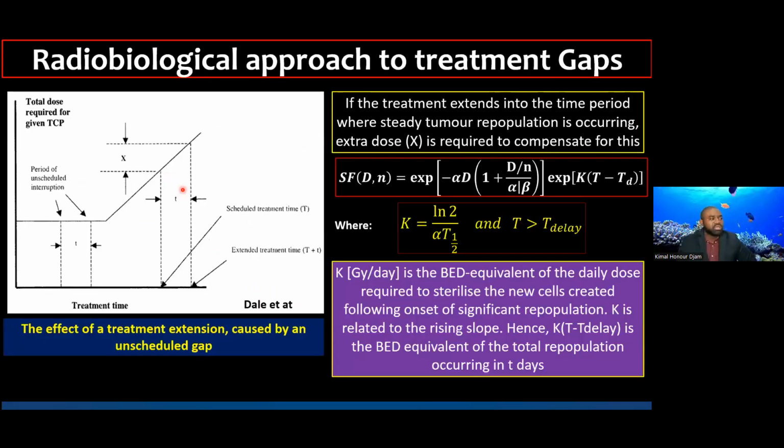But if we extend the overall treatment time by T, then we need to modify our equations to be able to compensate for this increase in time.